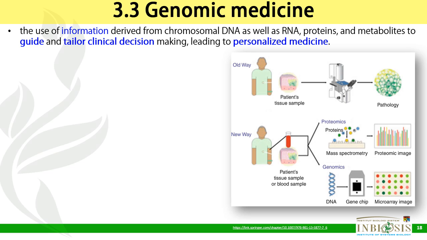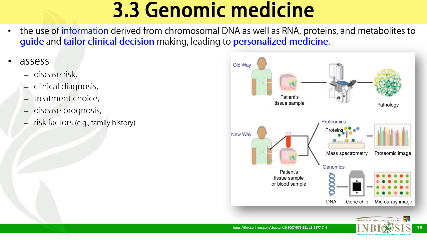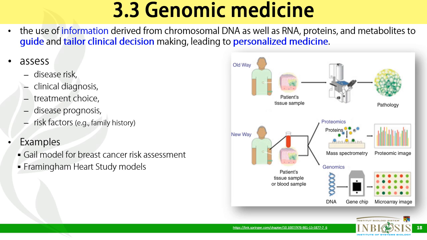Nowadays, molecular markers from the protein can be used instead to assess patients' samples for diagnosis. These are used to assess the disease risk, clinical diagnosis, treatment choice, disease prognosis, and risk factors. Some of the examples include the Gail model for breast cancer risk assessment and the Framingham study models. So this is usually associated with genome-wide association studies, the GWAS.